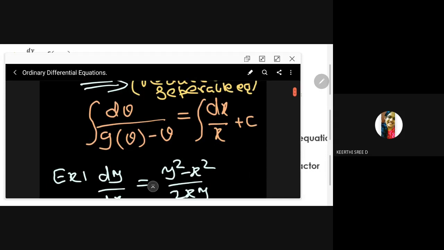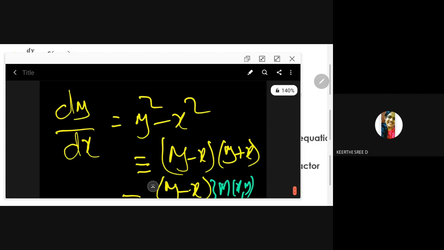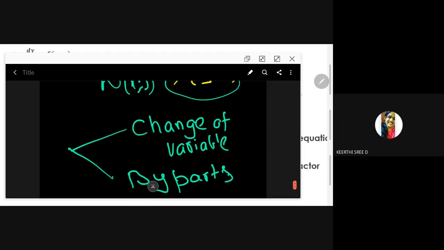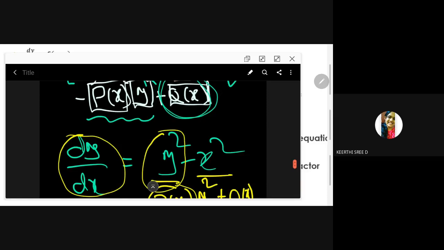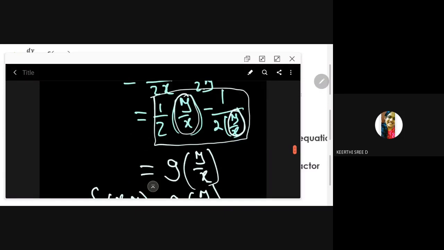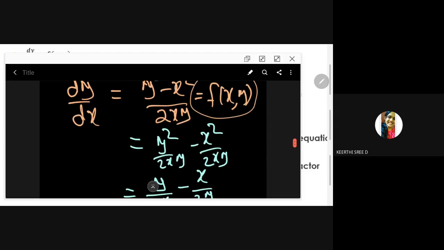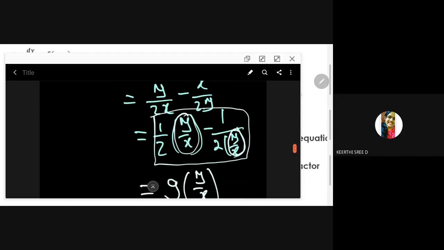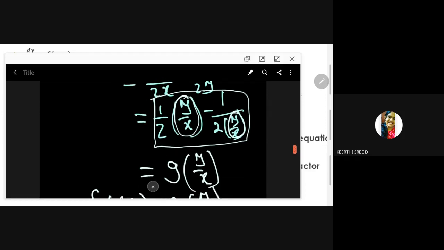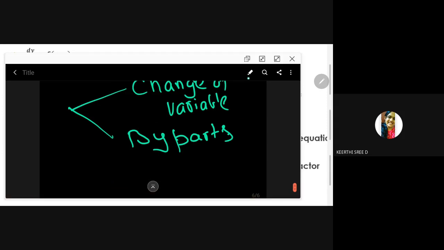See in the previous thing, when you look at this, this is our f of x,y, but we realized that our z of y by x is this. On the other hand, I'll come to the end here.